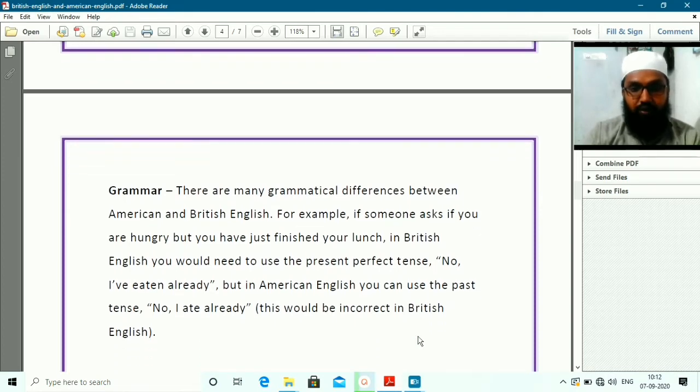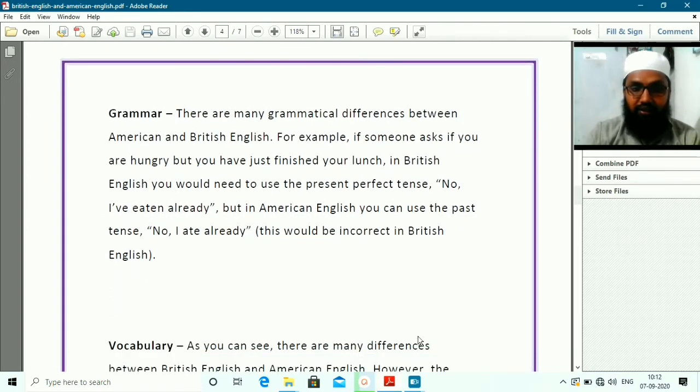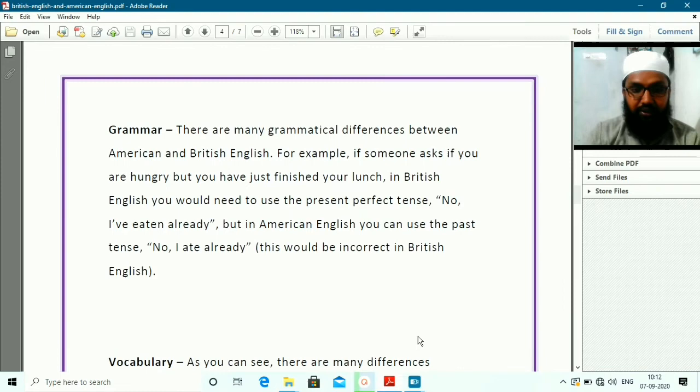For example, if someone asks you if you are hungry but you have just finished your lunch, in British English you would need to use the present perfect tense. No, I have eaten already. But in American English you can use the past tense. No, I ate already. This would be incorrect in British English.